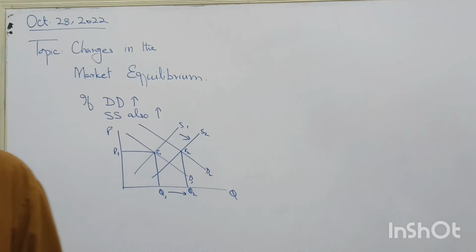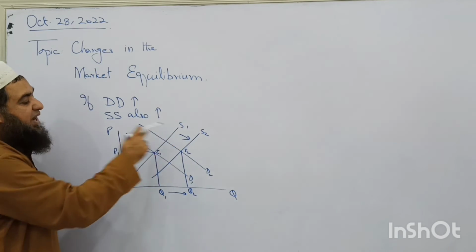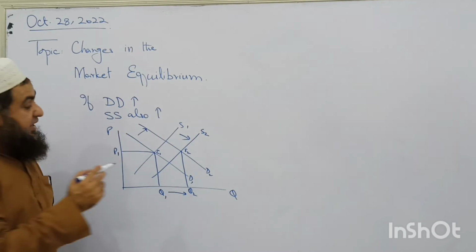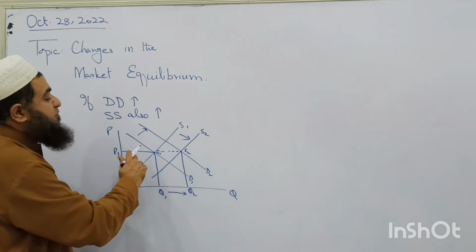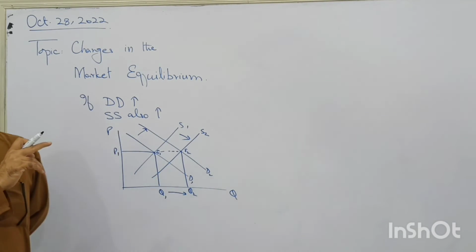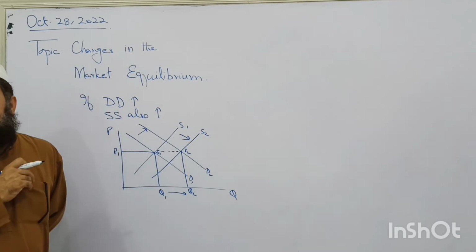It is uncertain. Whether price will increase or decrease, it is uncertain. Why is it uncertain? If demand shift and supply shift are equal, there is no change in price. You can see, if both shifts are equal, equilibrium price stays the same, but equilibrium quantity has increased.